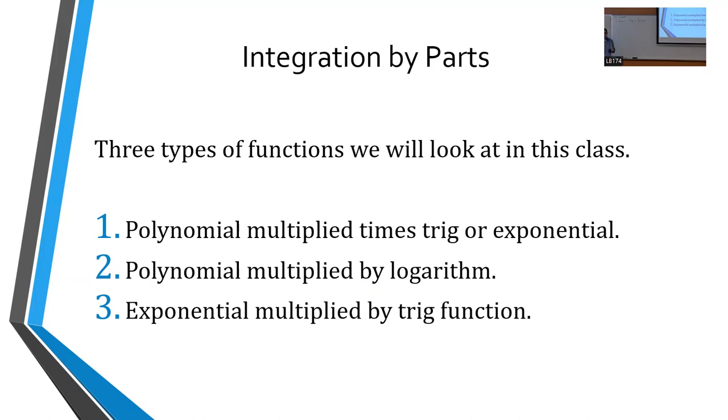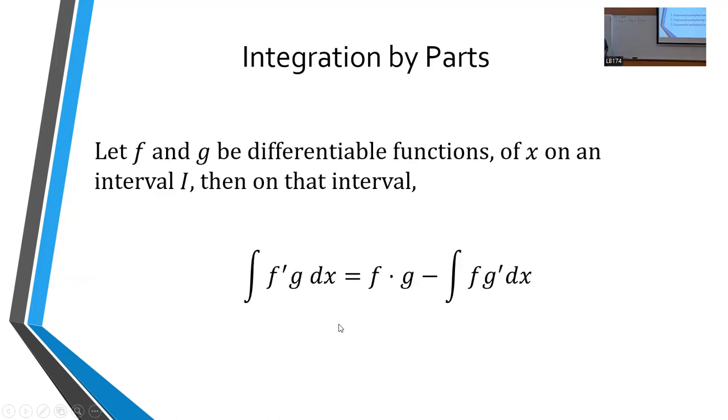And when we do that, one of these is going to be my f prime, one of these is going to be my g in my integration by parts formula. So I have two parts, an f prime and a g, in this formula. And so if I'm integrating the product of two things, one of those things has to be the f prime, the other has to be the g.